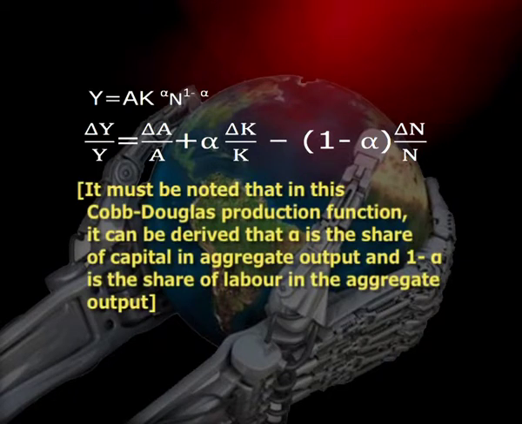It must be noted that in this Cobb-Douglas production function, it can be derived that alpha is the share of capital in aggregate output and 1 minus alpha is the share of labor in the aggregate output.